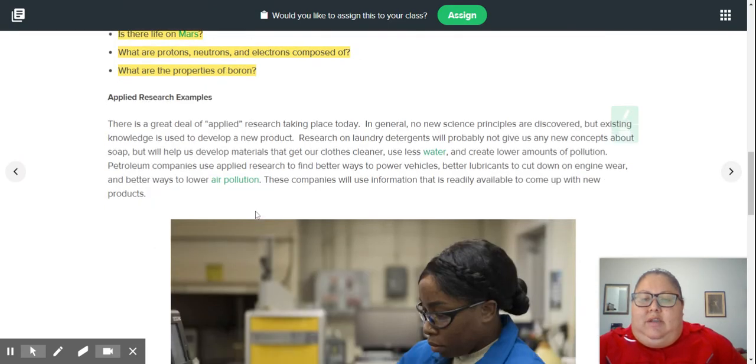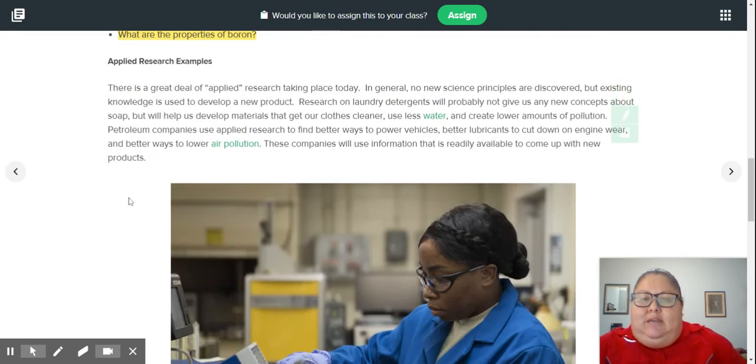On the other hand, if you take applied chemistry, you can look at here. It says here, laundry detergents. Back in the early 90s, 2000s, we didn't have a lot of different types of laundry detergents. We just had regular laundry detergents, the original. Now you have the one that's free of dyes for people who are allergic.